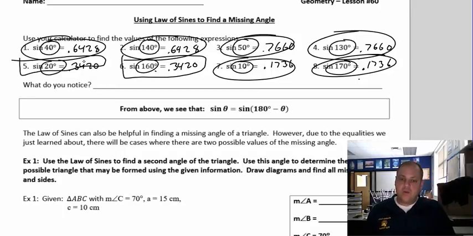So what do we notice? We notice that sine ratios are equal when angles are supplementary.